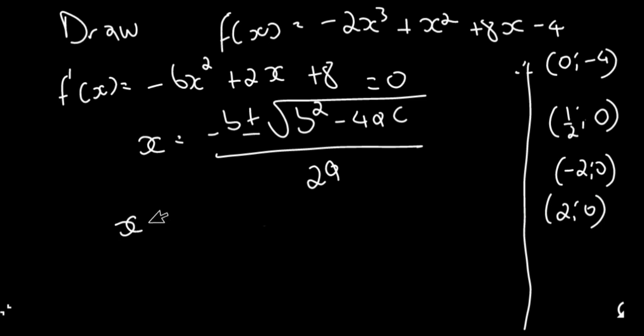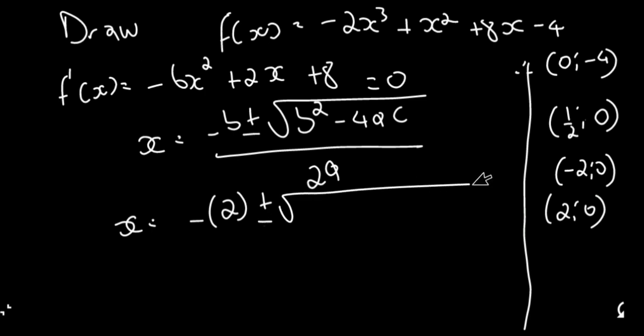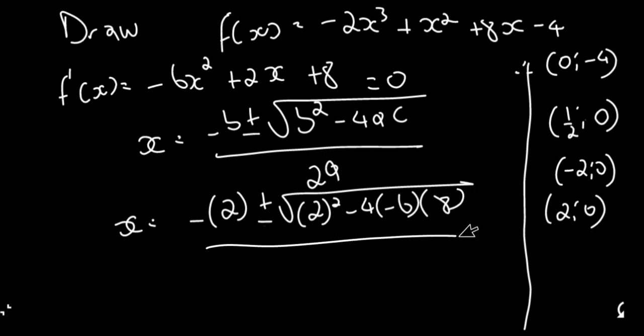So x is equal to negative b, b is 2, plus or minus square root of b squared, 2 squared, minus 4, and a is negative 6, c is 8, divided by 2a. So a is negative 6, and we need to punch this on a calculator. We're going to get two possible x values.